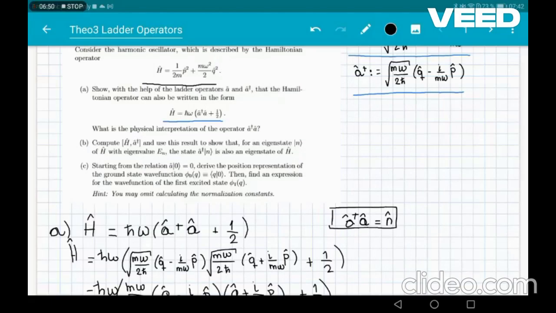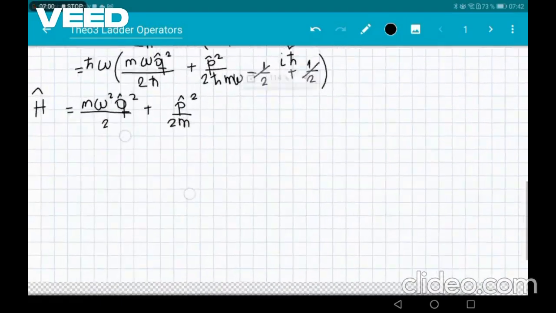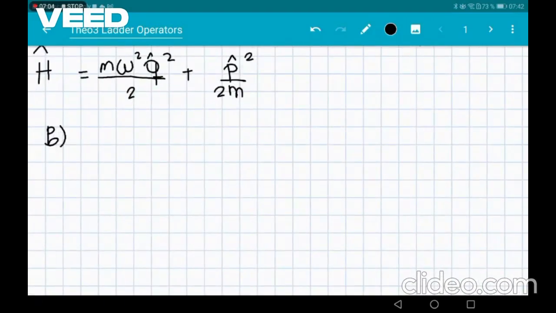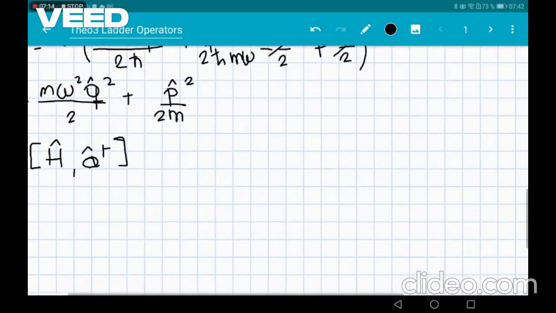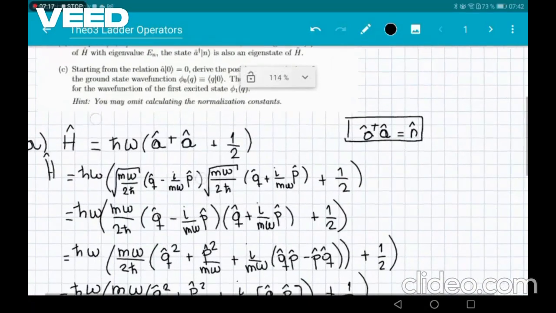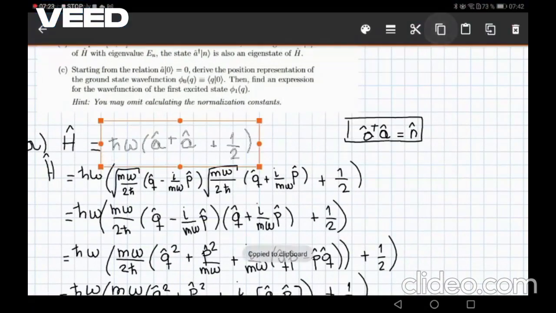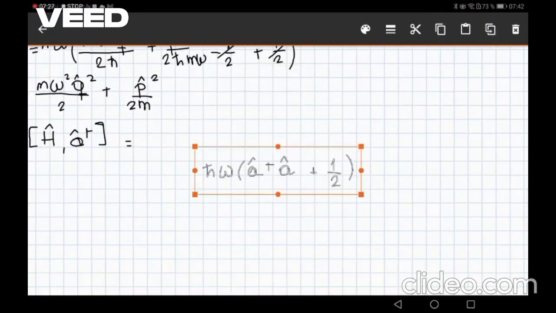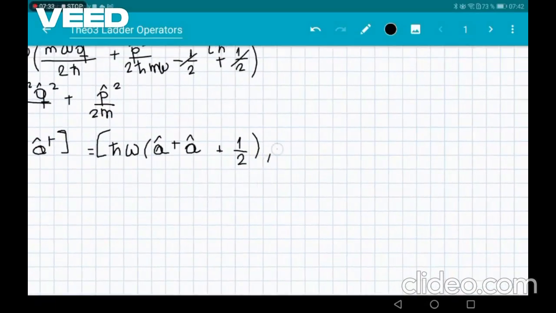So in part B, we're supposed to compute the commutator of the Hamiltonian with a dagger, and let's just begin by doing that. We can basically use this expression here for the Hamiltonian, I'm just going to copy it, and that's commuting with a dagger.